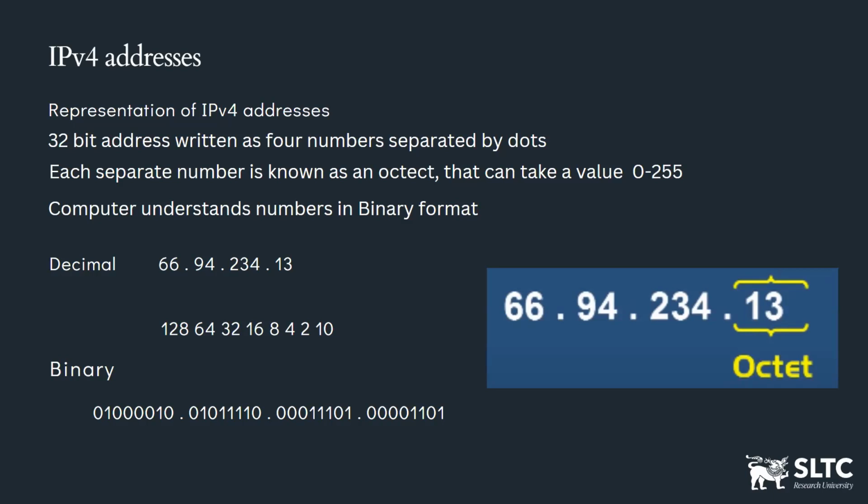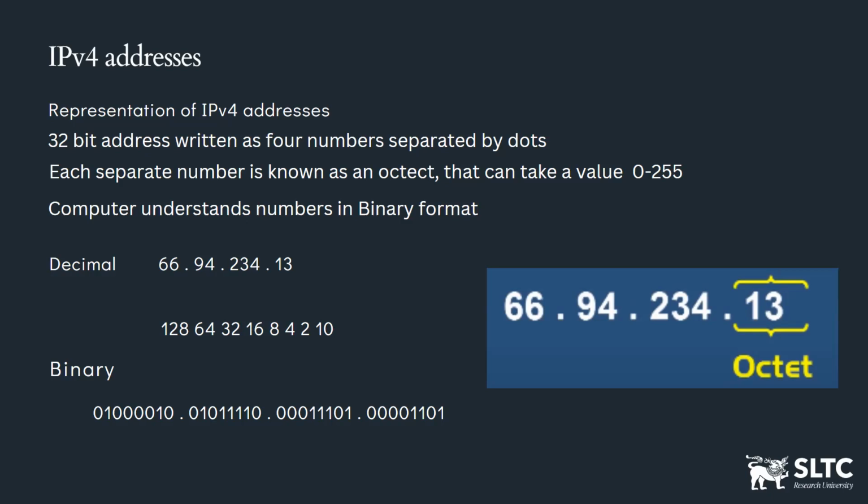Only then do we know the format in which the computer understands this IP address, right? So the IP address in its decimal format, if it is 66.94.234.13, we can denote its binary format by converting it into binary numbers, considering that there are 8 bits in each octet.